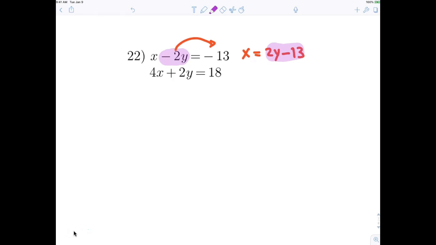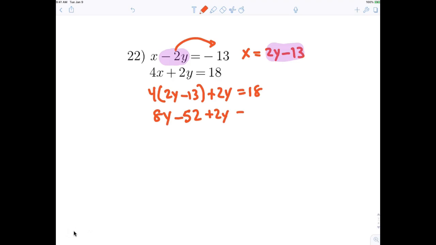All right, so here we go. Again, 4 times (2y minus 13) plus 2y equals 18. 8y minus 52 plus 2y equals 18. 10y minus 52 equals 18. 10y equals 70, so y has to equal what? y is 7.